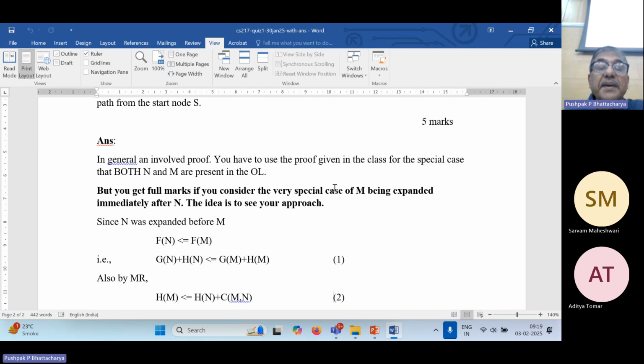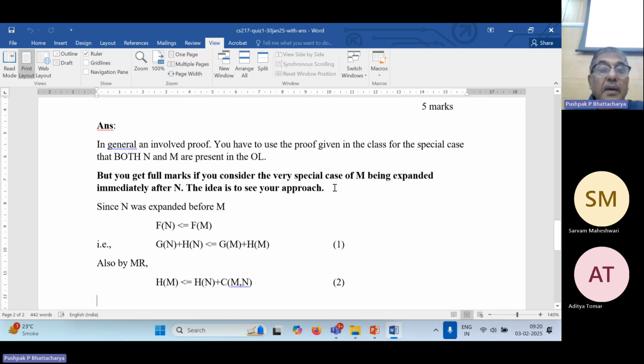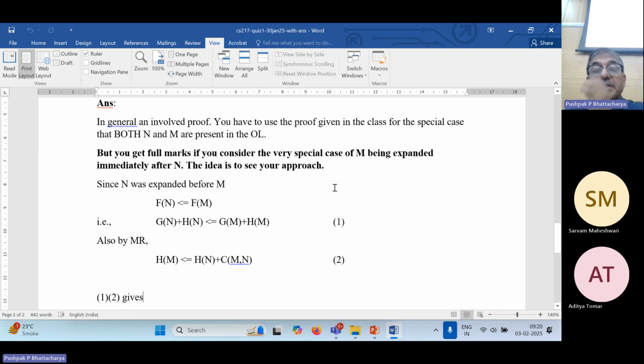Since N was expanded before M, Fn must be less than or equal to Fm. That is by the property of A star. So Gn plus Hn must be less than or equal to Gm plus Hm. Also, by monotone restriction, since N is a child of M, Hm must be less than or equal to Hn plus C(m,n).